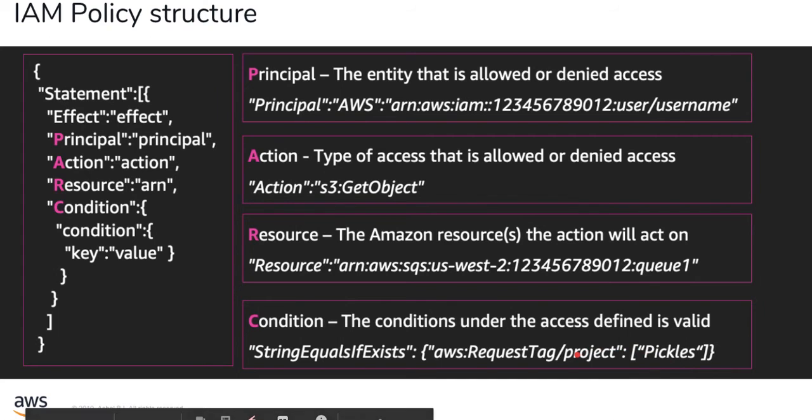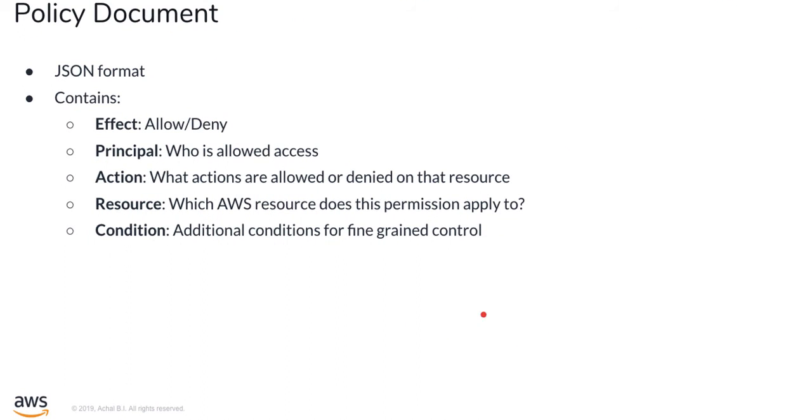We will understand what request tag is in the next few slides, but just understand that there are conditions which say, for example, if the project contains pickles as the string, only then do this particular action. So that was the policy structure.